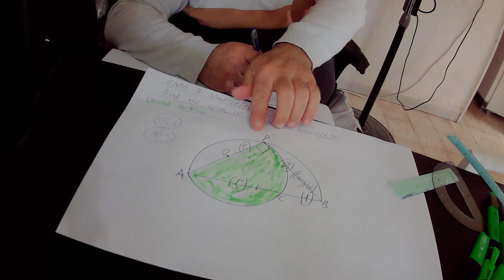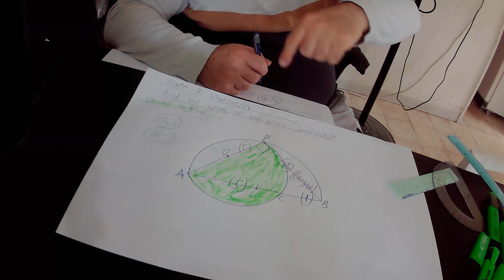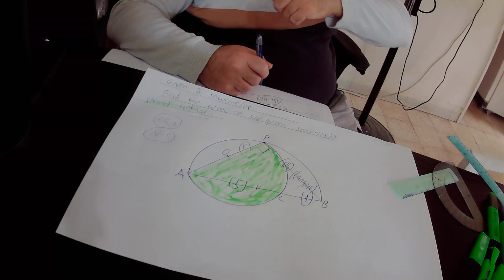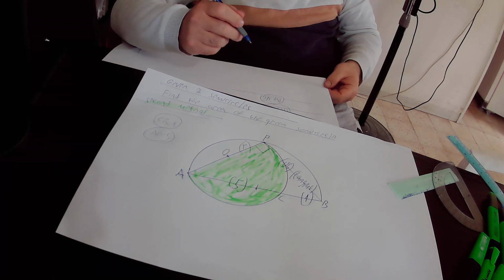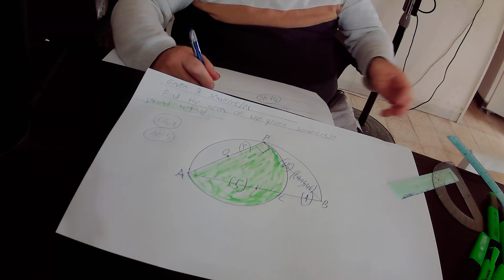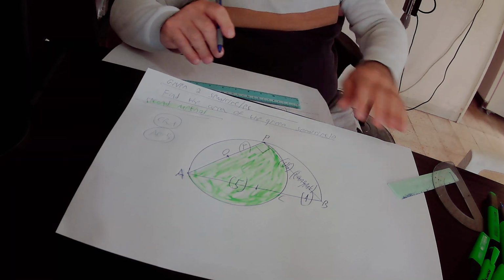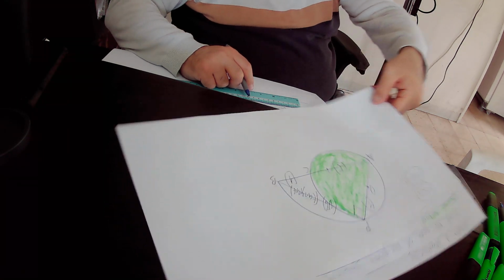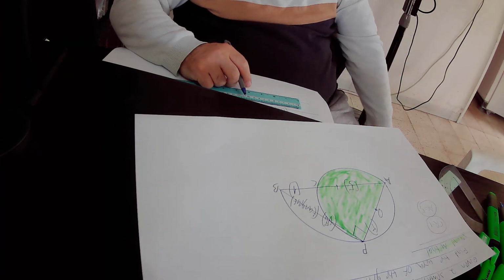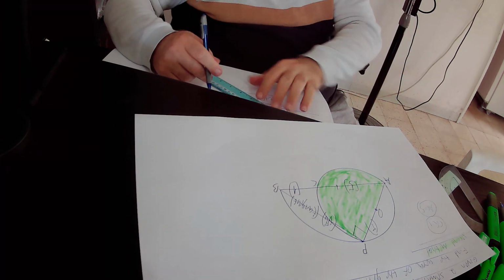In the next step, I'll copy the right triangle APB in a new page and we'll implement the Pythagoras theorem on this right triangle APB. According to the Pythagoras theorem, in any right triangle, the square of the hypotenuse equals the sum of the squares of the perpendicular sides.